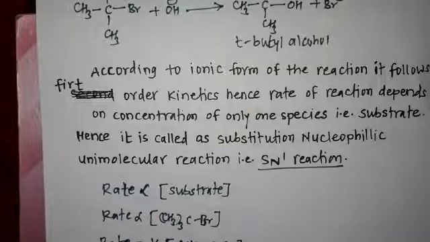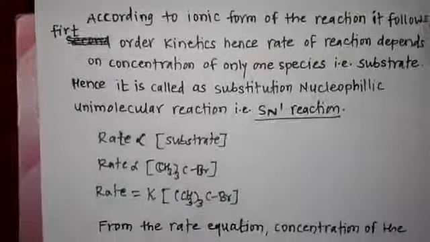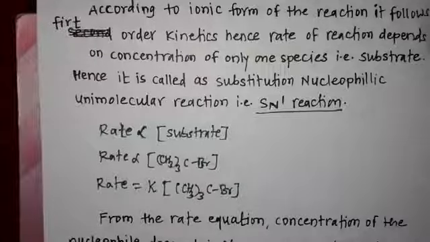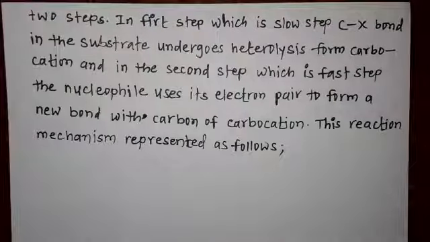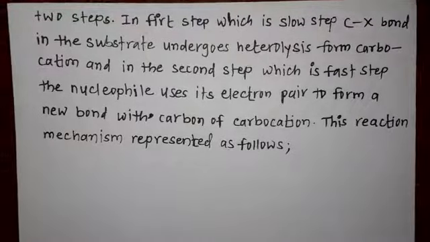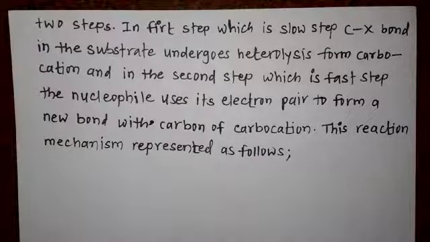In other words, this reaction takes place in two steps, and of those two steps, the first step is a slow step. In that step the carbon halogen bond of the substrate undergoes heterolysis or heterolytic fission and forms a carbocation.